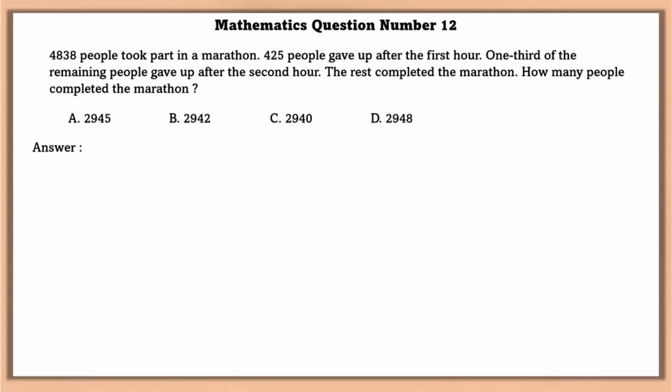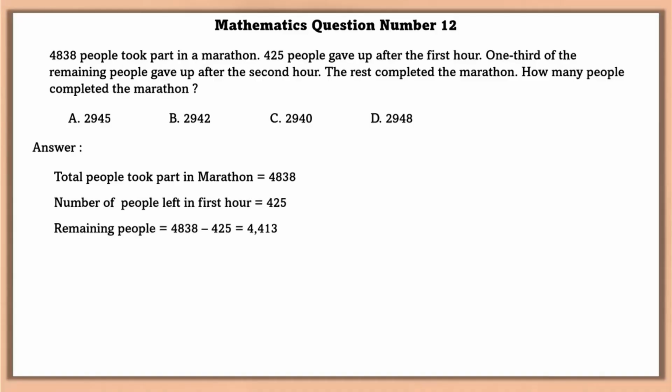Mathematics question number 12. 4,838 people took part in a marathon. 425 people gave up after the first hour. 1/3 of the remaining people gave up after the second hour. The rest completed the marathon. How many people completed the marathon? Total people took part in the marathon is equal to 4,838. In that 4,838, 425 people gave up.